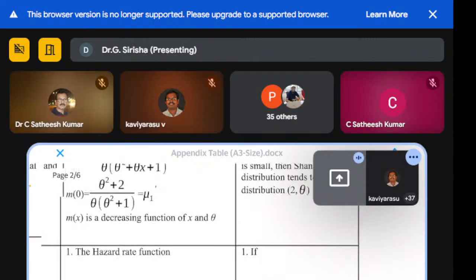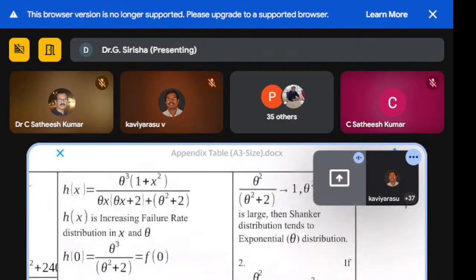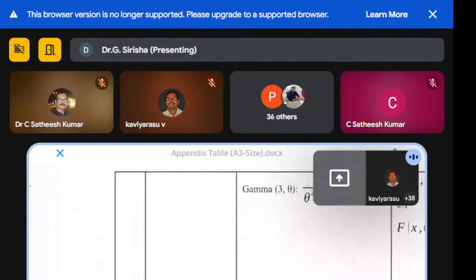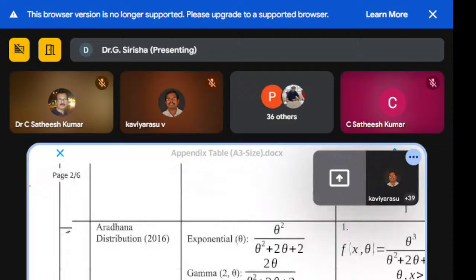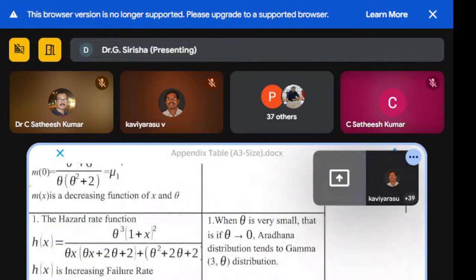So these are all the limiting forms of several distributions. Aradhana distribution, limiting form: when theta is small, theta tends to 0, Aradhana distribution tends to gamma distribution.